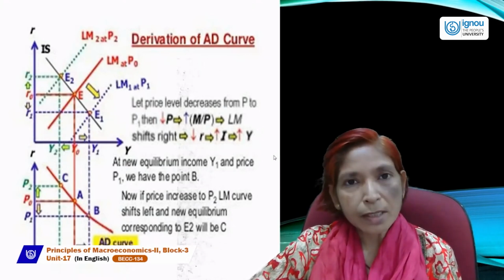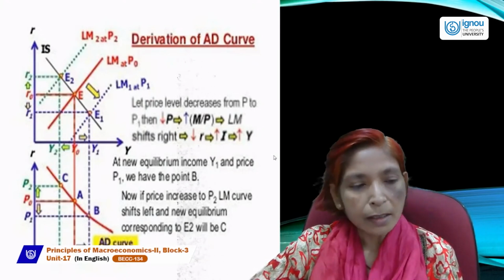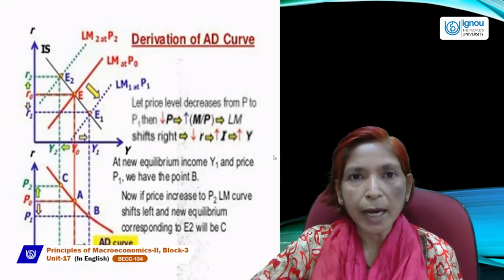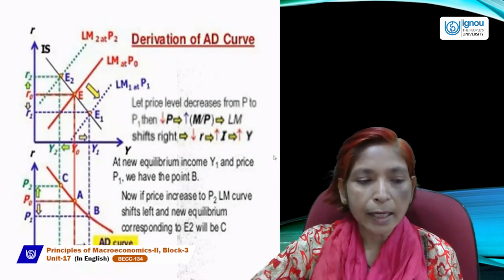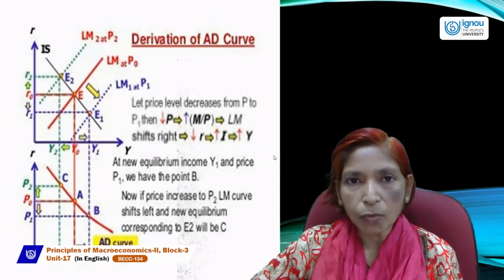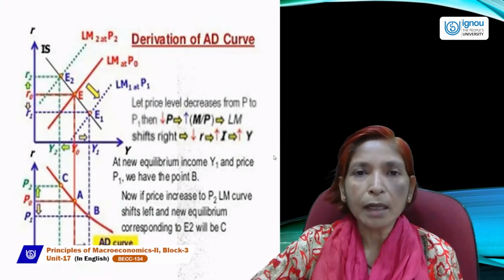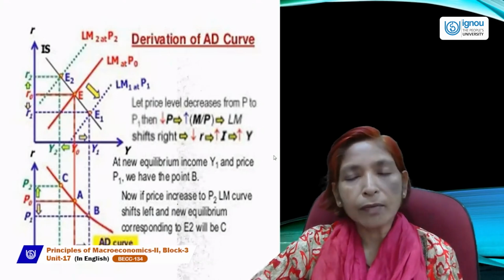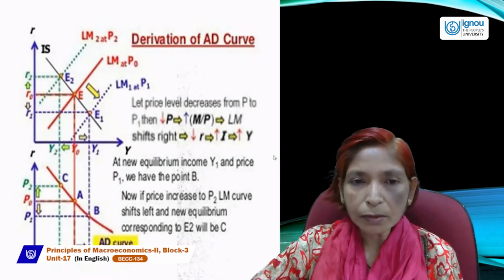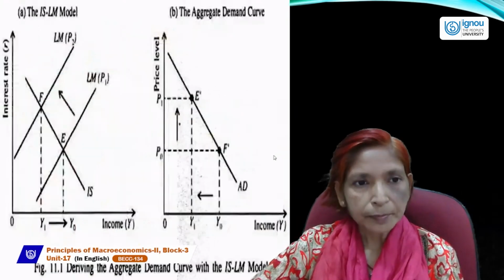So the inverse relationship between price and the level of income or quantity demanded is shown, and if we join these three points, A, B and C, we get the aggregate demand curve. This aggregate demand curve always slopes downward, which shows the inverse relationship between price and quantity demanded, or price and level of income. So this is the derivation of the aggregate demand curve with the help of ISLM curve analysis.